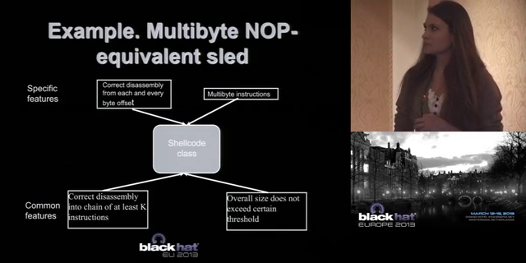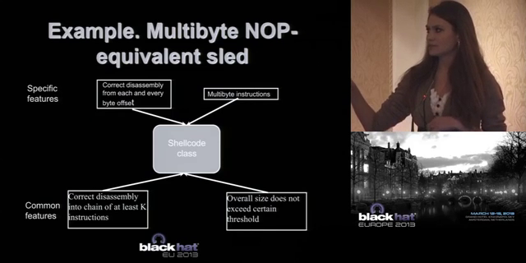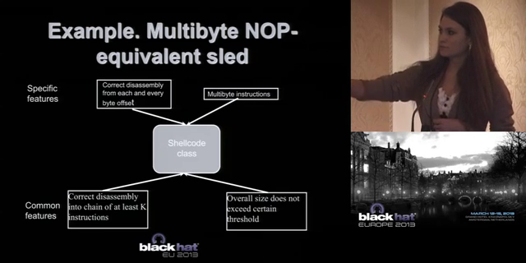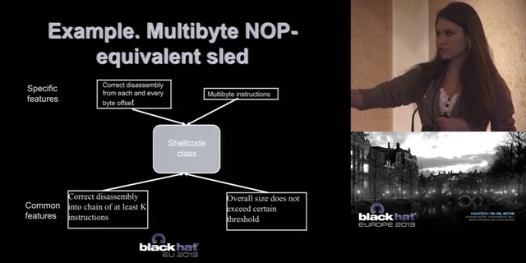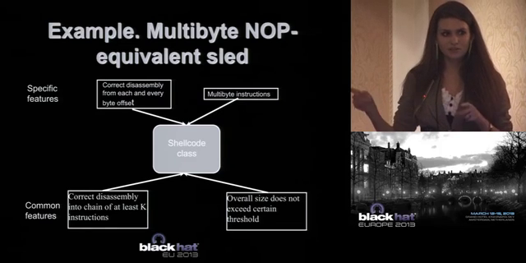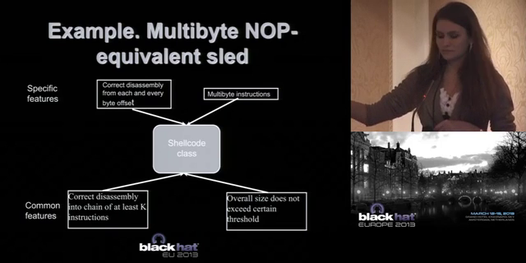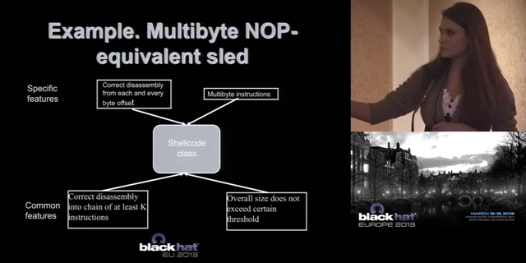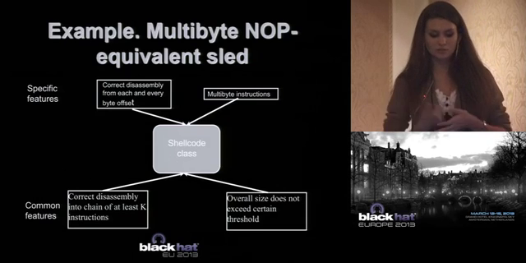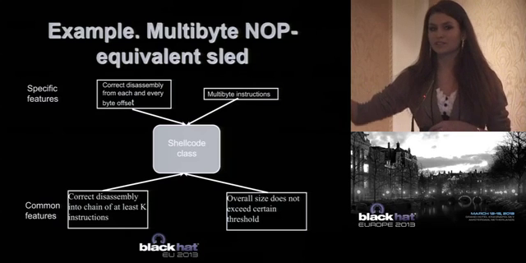Let's consider a simple example: classes of multi-byte NOP equivalent shellcodes. As a program, it has some set of common features: it should disassemble into a chain of relevant size, and it shouldn't exceed the size limitation. Since it is a multi-byte NOP equivalent shellcode, we should have multi-byte instructions, surprisingly.